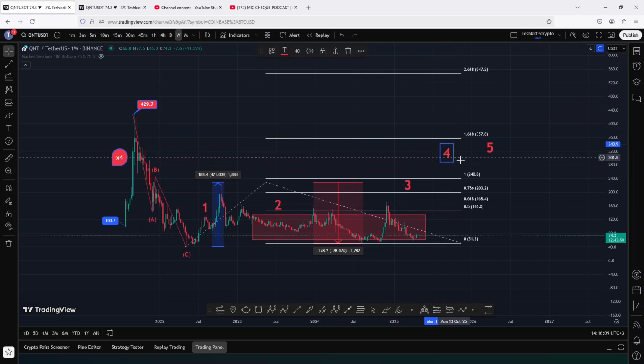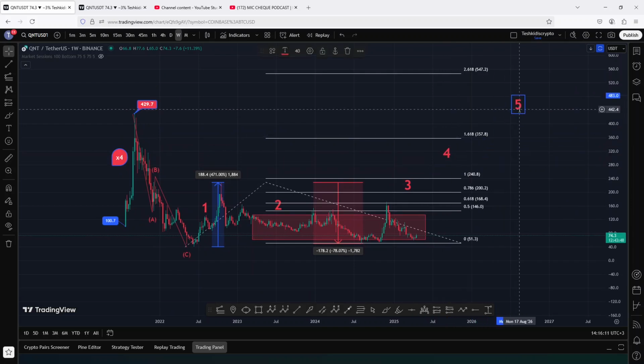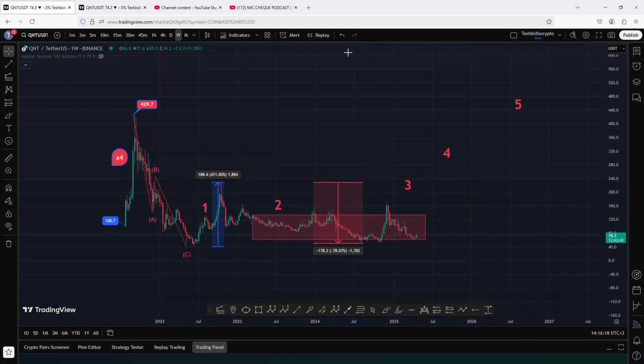Expect a wave 4 pullback, then continue pushing even higher to new all-time highs in the formation of that wave 5.